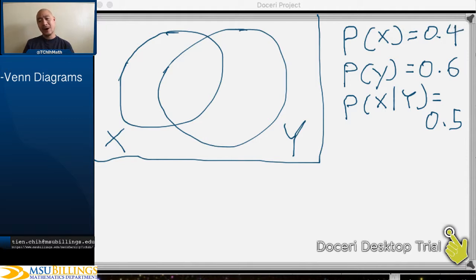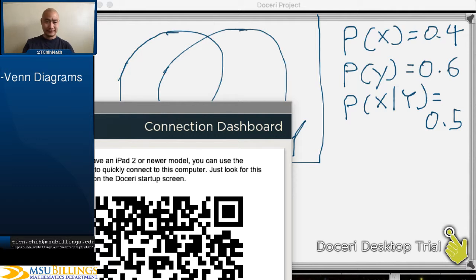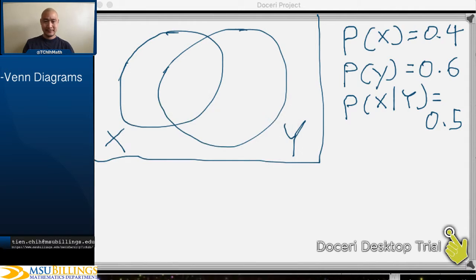So if y is 60% of the circle, then P of x given y means that out of the events that y consists of, half of them are in x and half of them aren't, right?